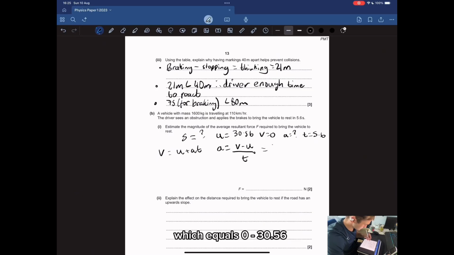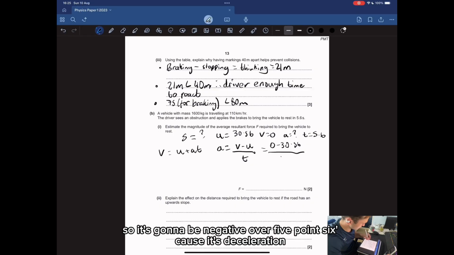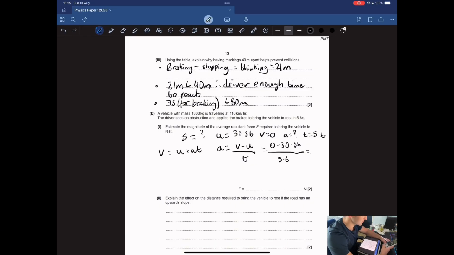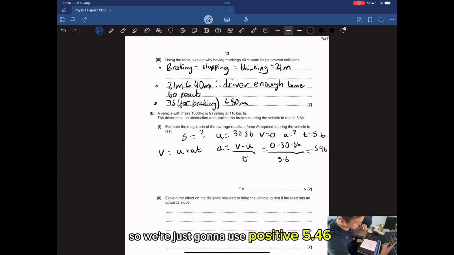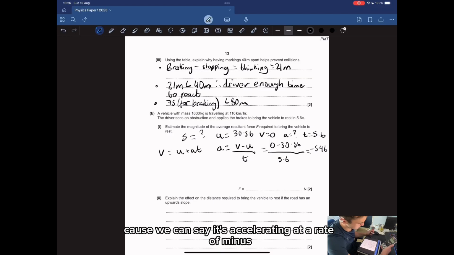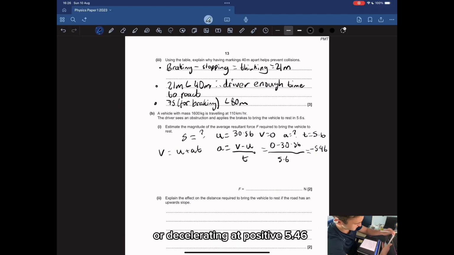Which equals 0 minus 30.56 over 5.6. Because it's deceleration, it's going to be negative. That equals 5.46. So we're going to use the absolute value of A, positive 5.46, decelerating at 5.46.